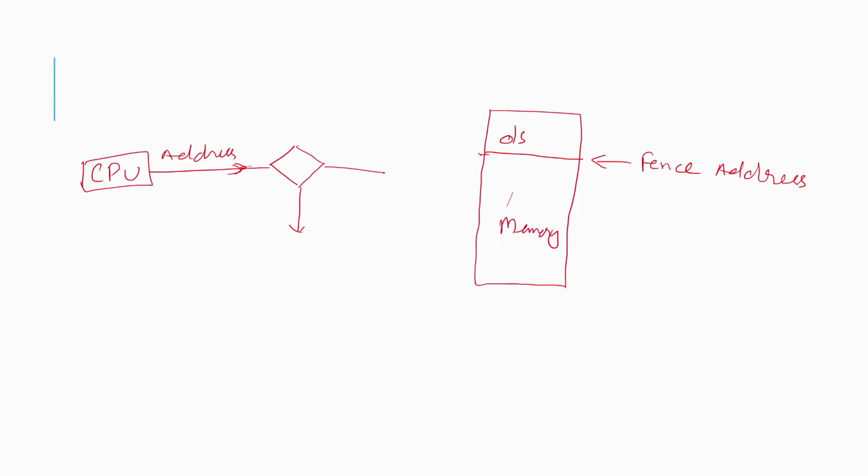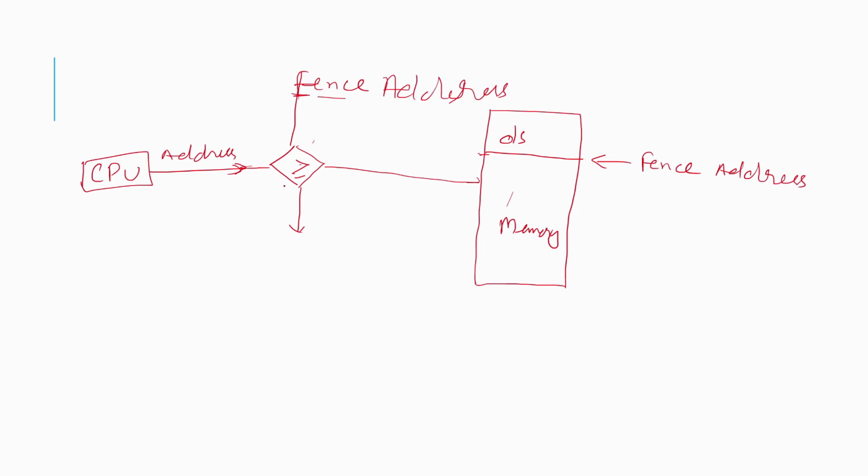For that, the fence register, the fence address, is mentioned here. Whenever any address is generated, we check whether it is greater than or equal to the fence address or not.